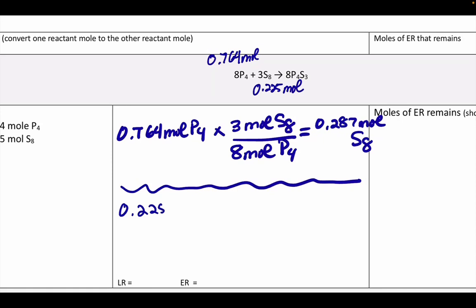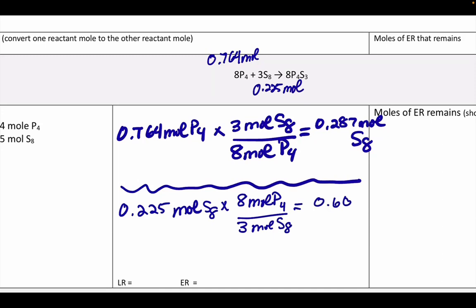So you might want to, while you could even work on this worksheet, try one and then watch my solution. So I could have picked the other, starting with the sulfur and going to the phosphorus. And when I do that, I get 0.600 moles of P4.